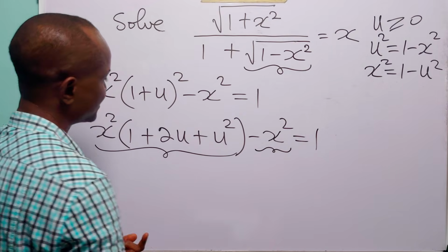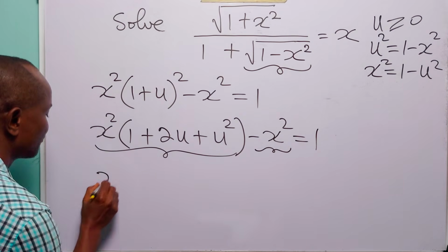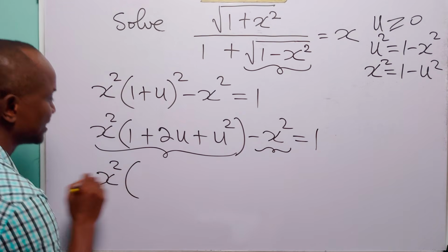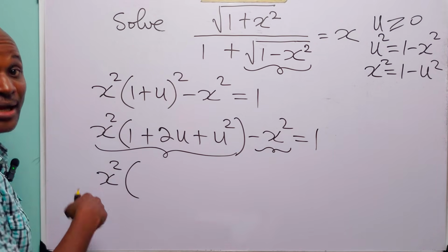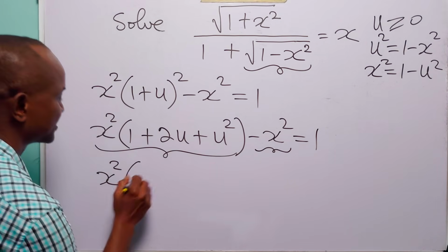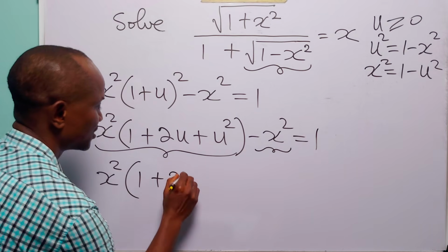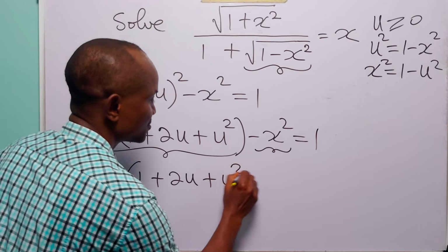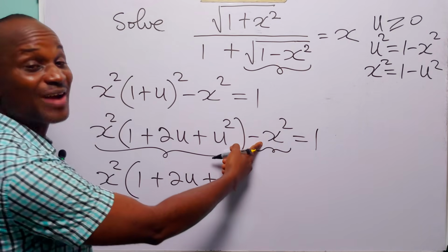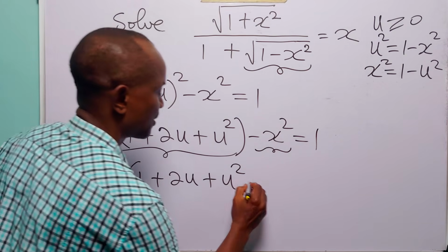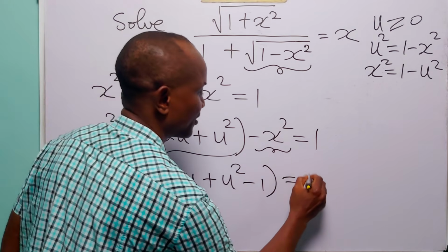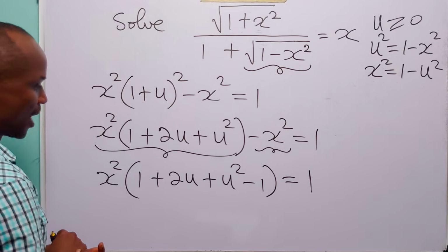So we can factorize that. When we do that, we have x squared into, now when you divide this quantity by x squared, of course you are left with this, that is 1 plus 2u plus u squared. And when you divide minus x squared by x squared, you are left with minus 1. And on the right hand side, we still have 1.